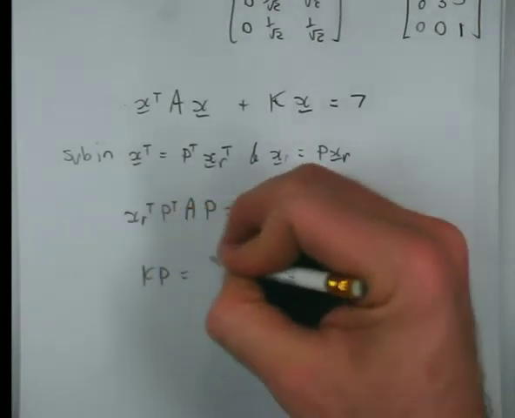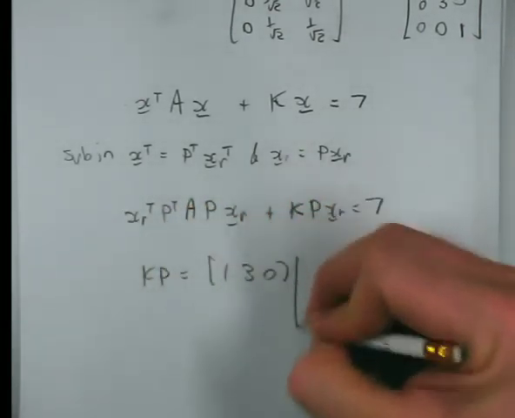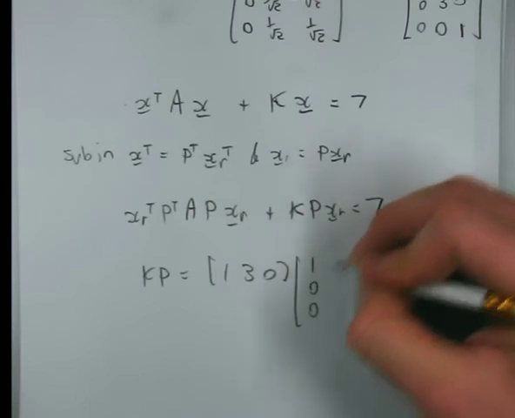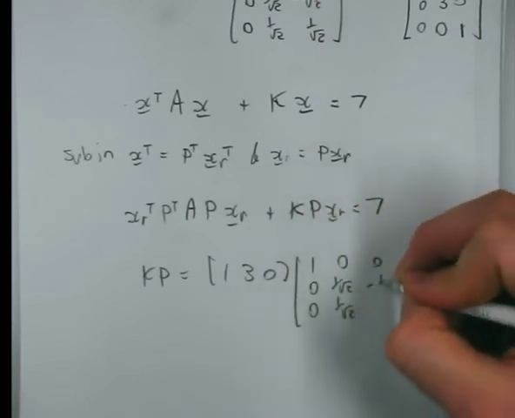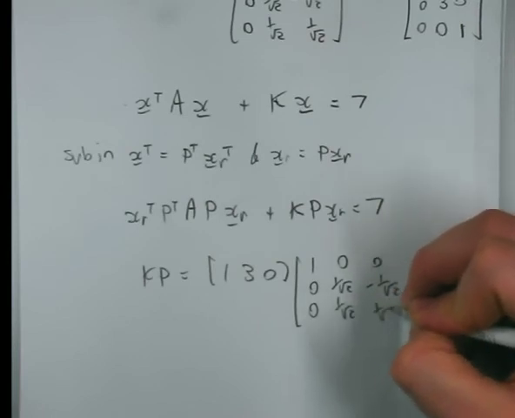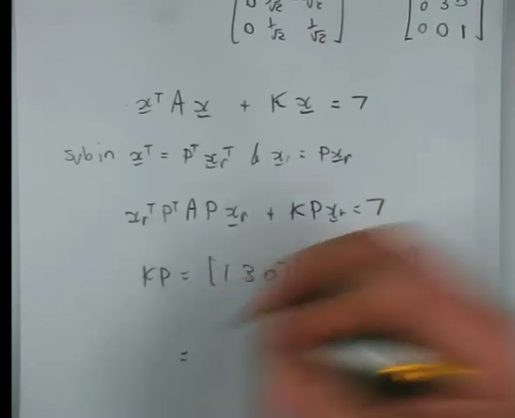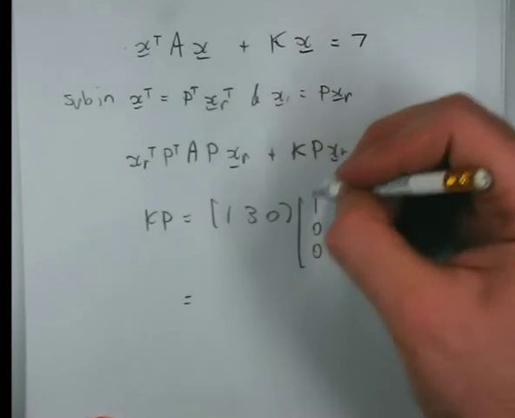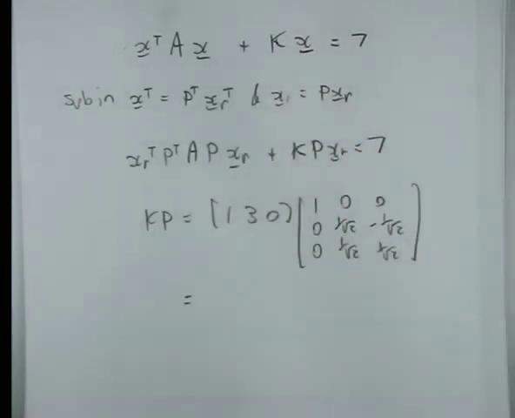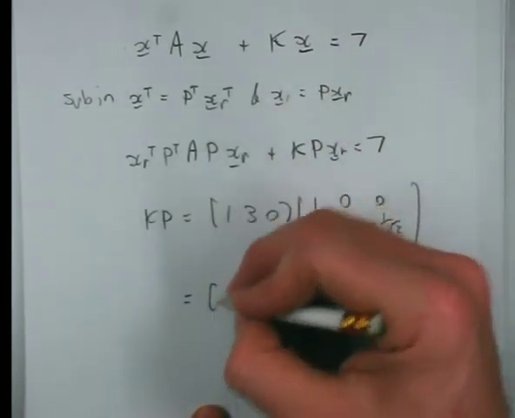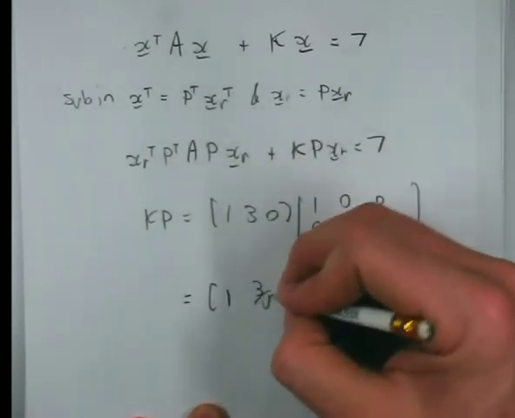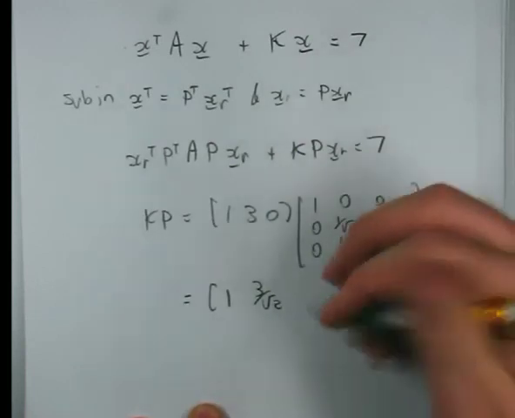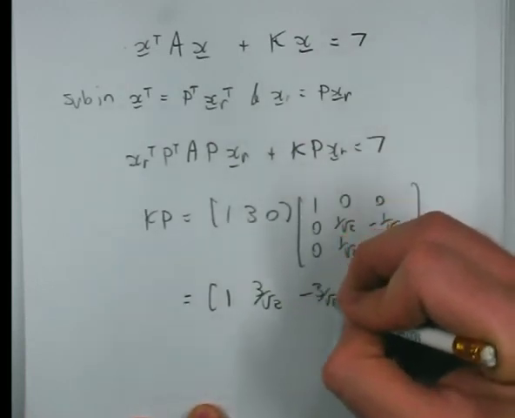So KP is 1, 3, 0 times 1 0 0, 0, 1 on root 2, 1 on root 2, 0, minus 1 on root 2, 1 on root 2. So I've got this times that is 1. This times that is 3 on root 2. And this times that is minus 3 on root 2.